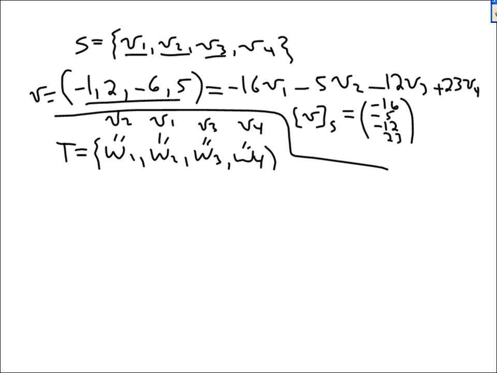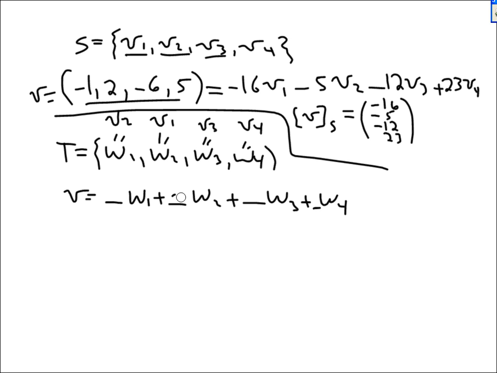As ordered bases, they're not equal, because they're not in the same order. Now, we know that vector V is a multiple of W1 plus a multiple of W2 plus a multiple of W3 plus some multiple of W4.